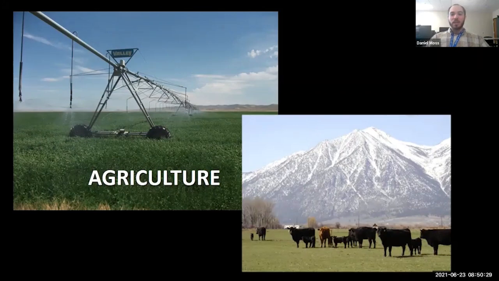So the Lahontan Valley, to the south, more like the southeast, is in large part irrigated by a huge amount of Truckee River water. So let's not forget that agriculture needs clean water, and they use a lot of it.